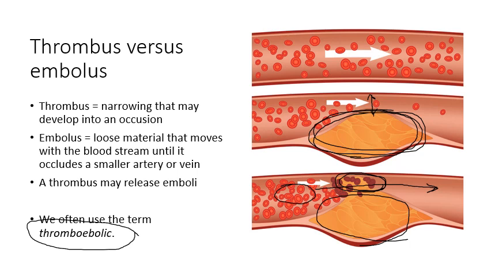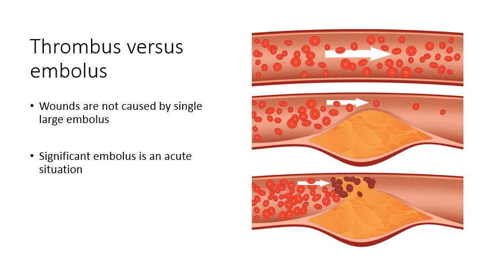If it happens in an artery towards the leg, you'll have an immediate immense pain and maybe a cold white foot, and you'll go to the emergency room. And in these instances, you won't develop a wound. So a thrombus and a thromboembolic event is what we're talking about in this section. So wounds are not caused by a single large embolus, and a significant embolus is always an acute situation.